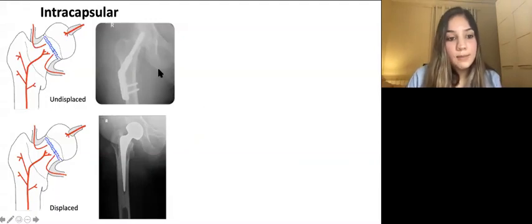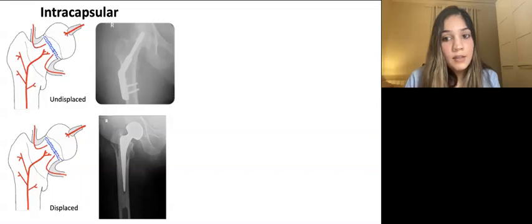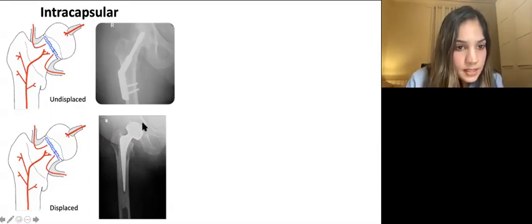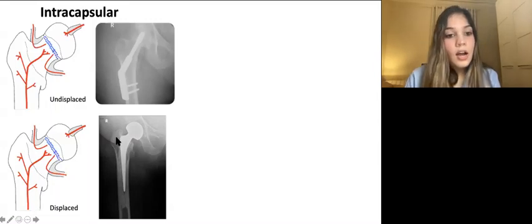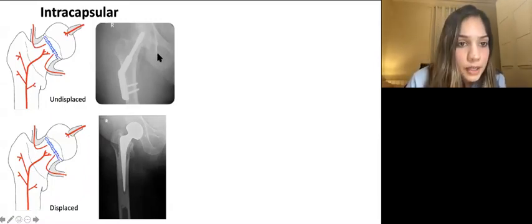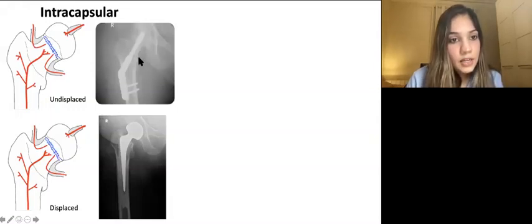Fractures can be either displaced or undisplaced. A displaced fracture means that the bone breaks into two or more pieces and moves out of alignment. So if we look at this image, this bit and this bit were displaced, so this was replaced with the hemiarthroplasty. But in this picture, a fracture still happened in the intracapsular region.